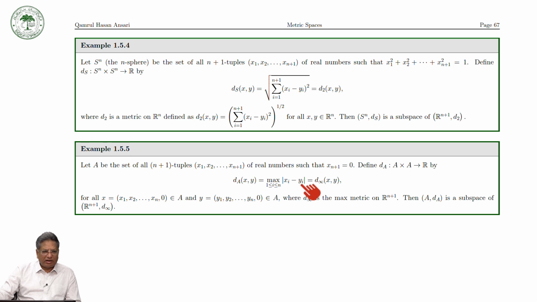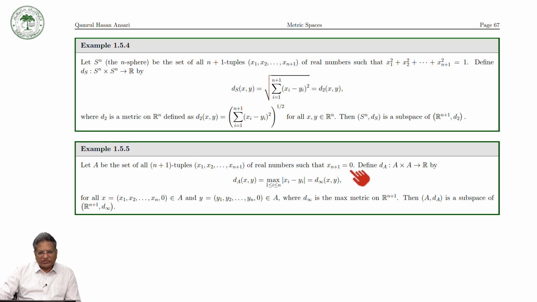So dA is the restriction of the d infinity metric on A cross A, where A is the set of all n plus 1 tuples of real numbers where the last entry xn plus 1 is equal to 0.